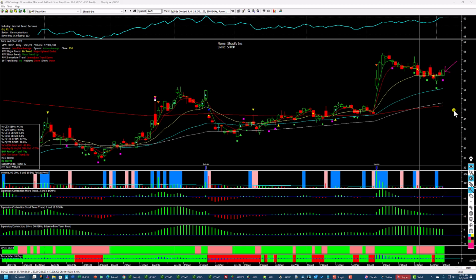This is a relatively safe entry. Why do I say that? Because we've had the impulse move and then the reaction move. The 3 has been below the 6 right here. It did go above it right here. This was a false signal.